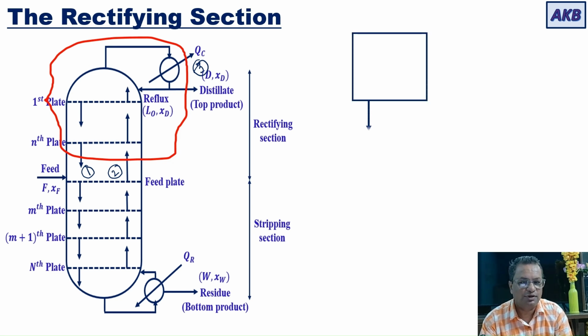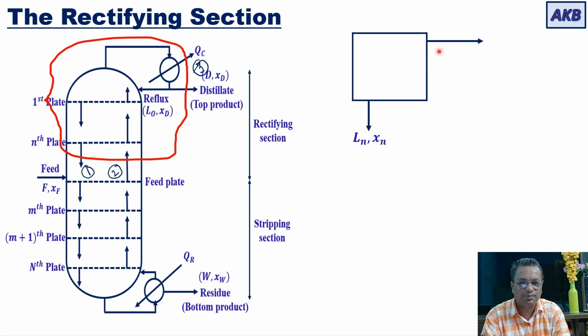In the block diagram, stream number 1 is the liquid flow Ln with mole fraction of A being Xn. This represents the liquid molar flow rate coming from the nth plate.